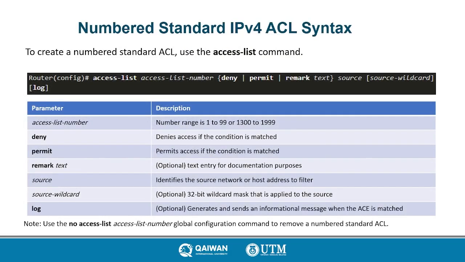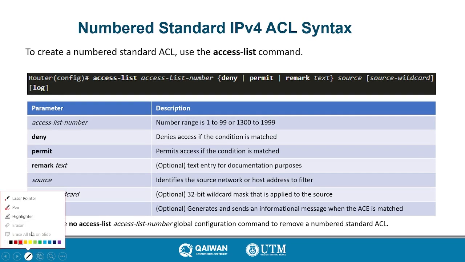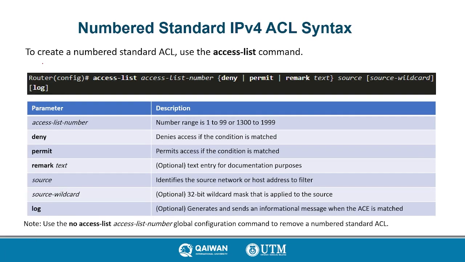We have the numbered standard IPv4 access list syntax. To create a numbered standard access list, you use the access-list command. The command would be on the router, not inside an interface or anything.